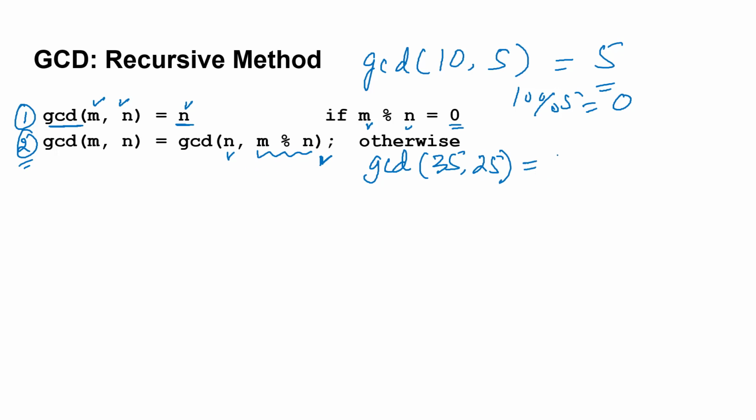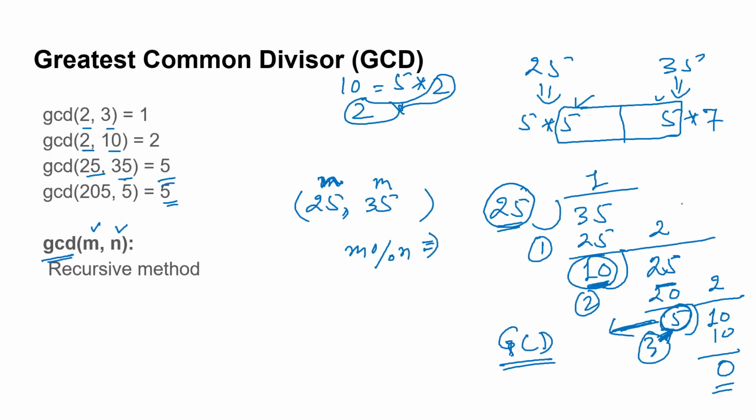For that we would do the GCD of n, which is 25, and 35 remainder 25, which was 10. And you'll go on and do it the same way. That's what I did in the previous slide.